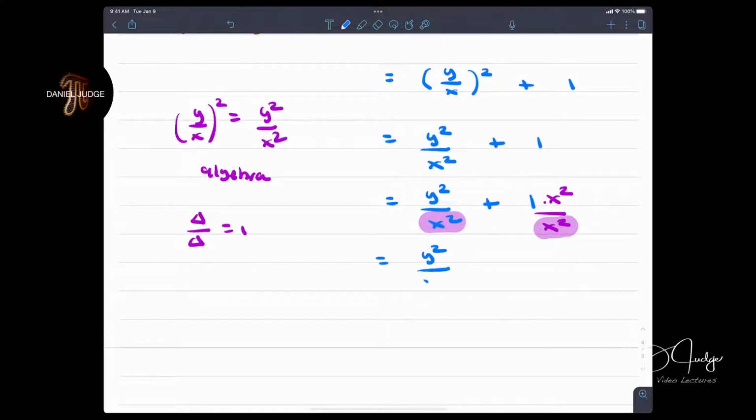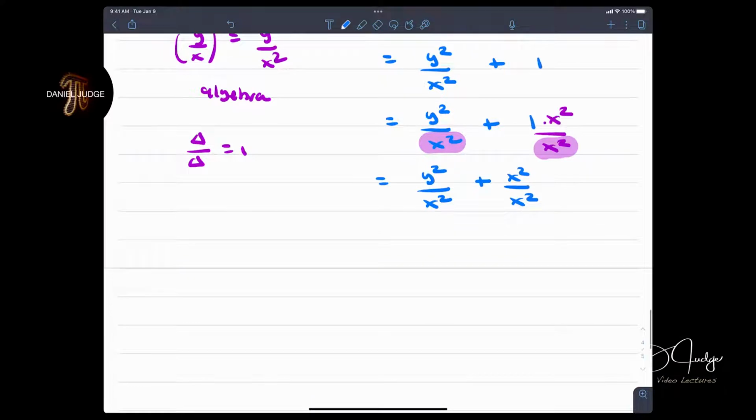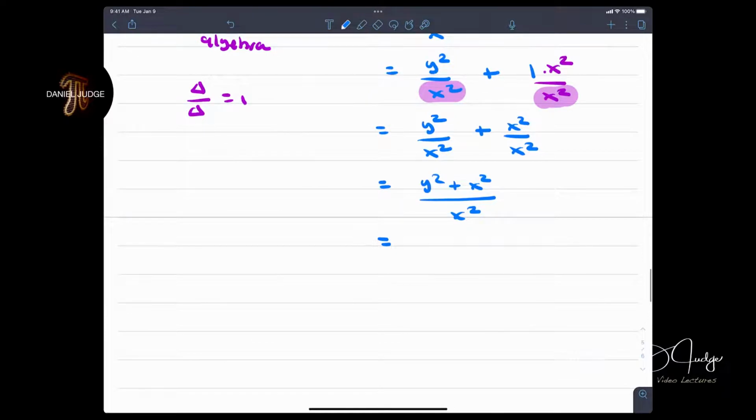So we get y squared over x squared plus x squared over x squared. We can now add. So y squared plus x squared over x squared, and I know what this is. I can now say x squared plus y squared over x squared.